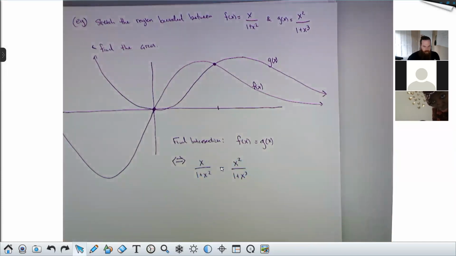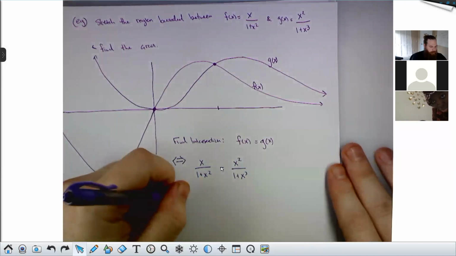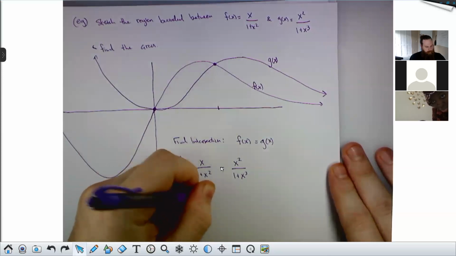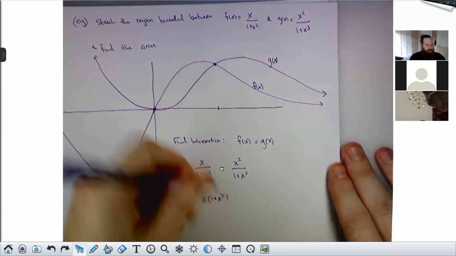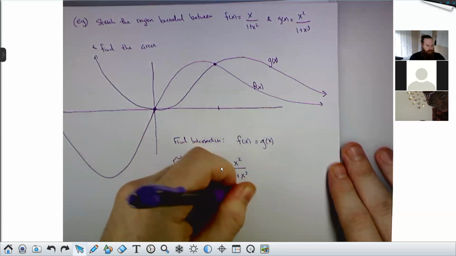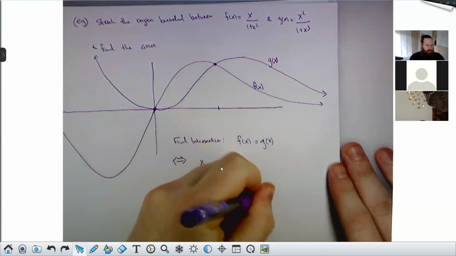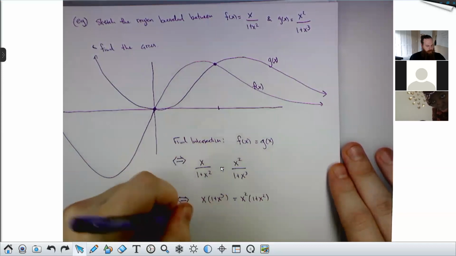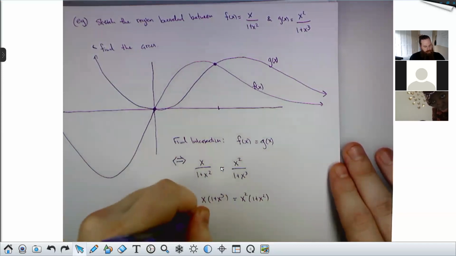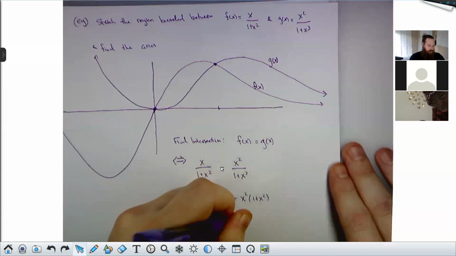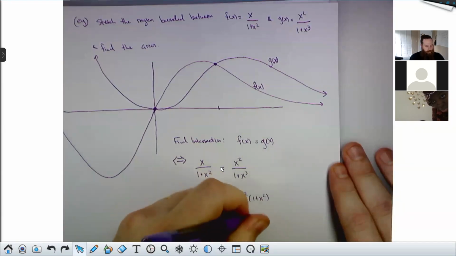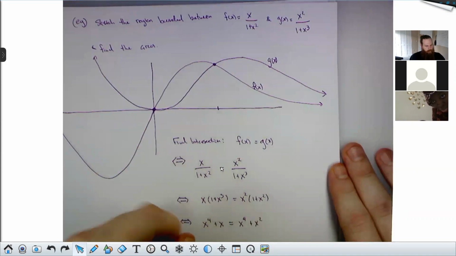But if we had to discover this, you could cross multiply, and you get x times 1 plus x cubed equals x squared times 1 plus x squared. And this is the same as x to the 4 plus x equals x to the 4 plus x squared. And then you can pull everything to one side. So what do you get?